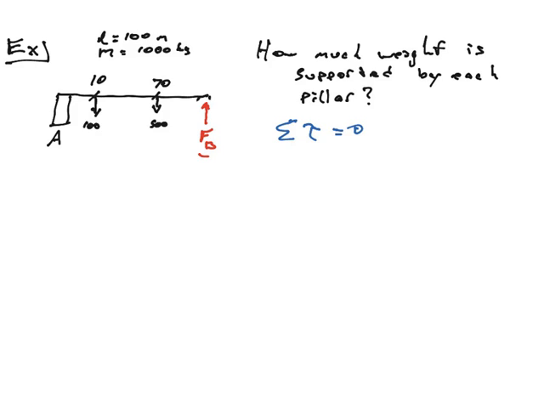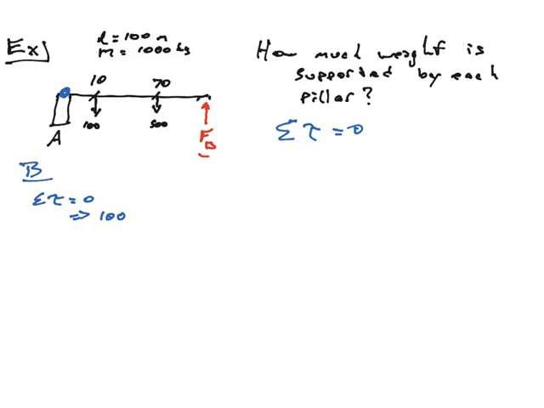Take the first calculation. I need to know what are all the torques. So for pillar B, sum of the torques is equal to 0. What do we have? What's the point of rotation? A is the support, so that's the point of rotation. The first thing I see is this 100.